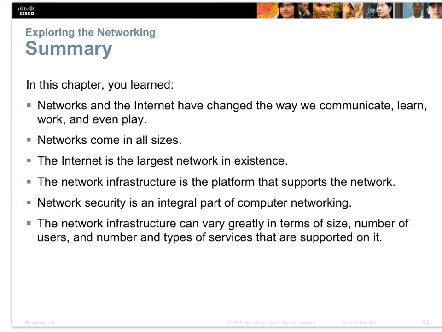We also talked about the features that need to be in place for our networks to efficiently support communication, such as fault tolerance, scalability, and security. These are very important features. And we discussed the implications of new trends, like bring your own device, cloud computing, and online collaboration, on network design.